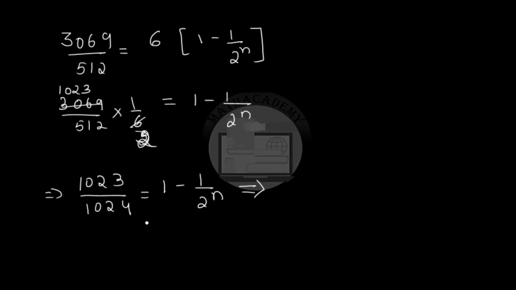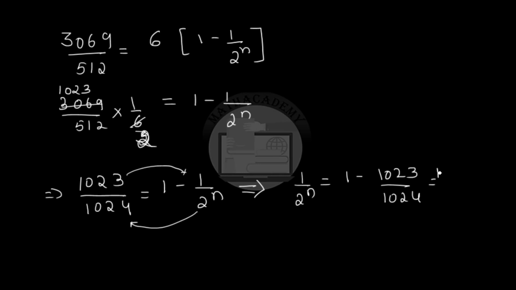So we bring 1 minus 1 over 2 to the power n this side and 1023 over 1024 this side. So we get 1 over 2 to the power n is equal to 1 minus 1023 over 1024, which gives you 1024 minus 1023 whole over 1024. So 1 over 2 to the power n is equal to 1 upon 1024.